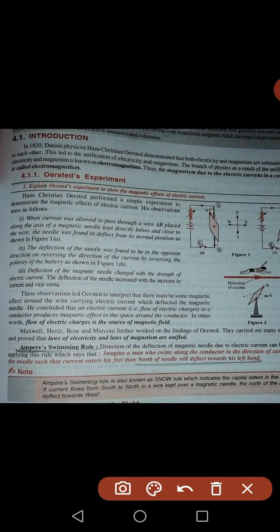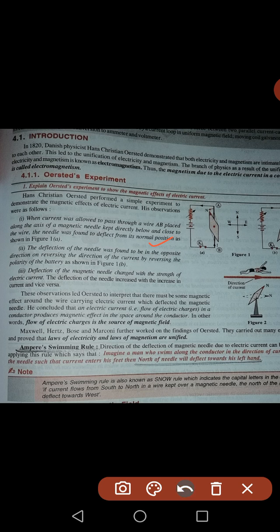So what he has written here, number one: when current was allowed to pass through a wire AB, placed along the axis of the magnetic needle, kept directly below and close to the wire, the needle was found to deflect from its normal position as shown in the figure.